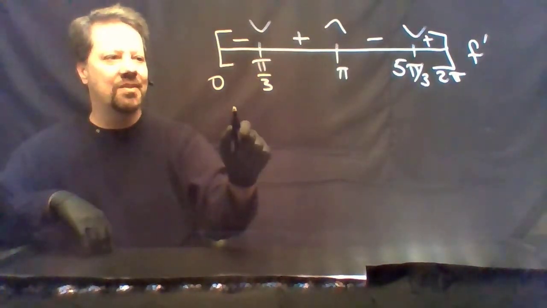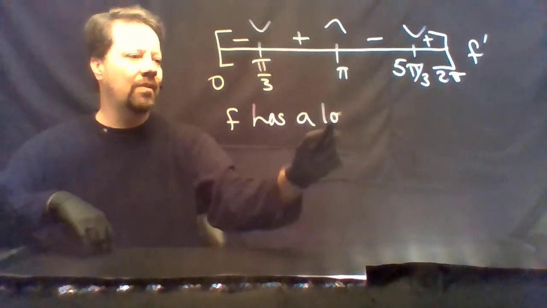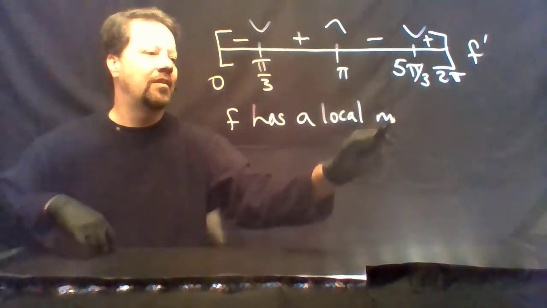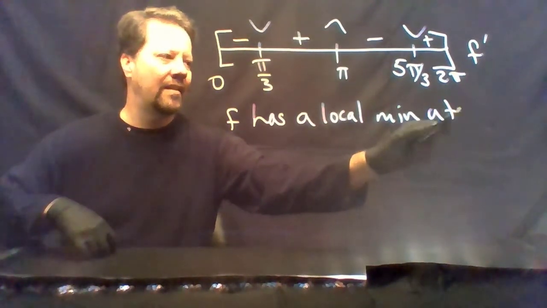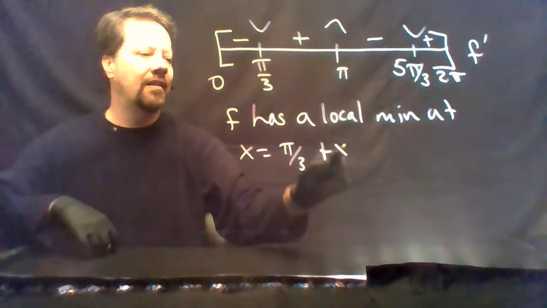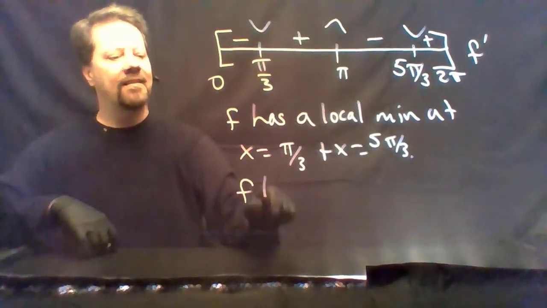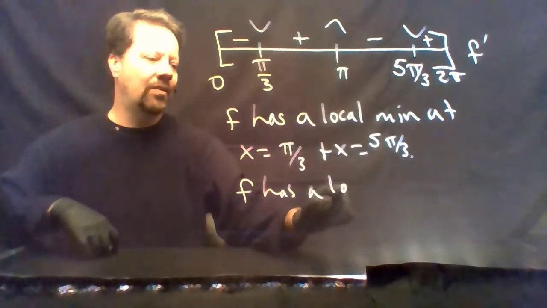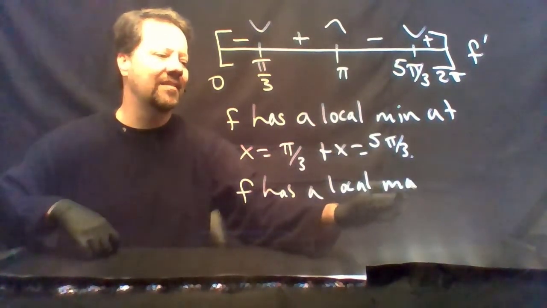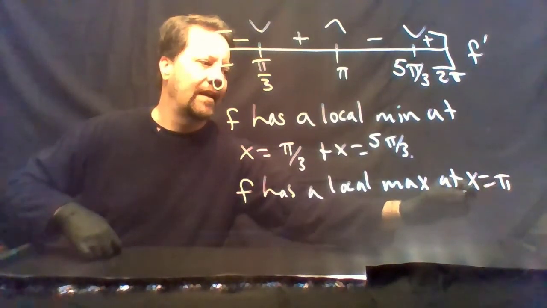Stating our conclusions, we'll say f has a local min at x equals pi over 3 and x equals 5 pi over 3. f has a local max at x equals pi.